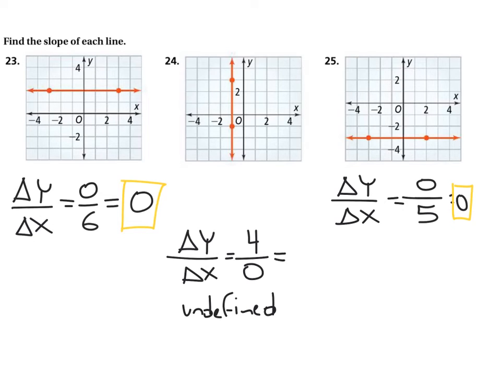It doesn't make sense. It gives you an error. It is undefined as a slope. So perfectly vertical lines will have an undefined slope. Perfectly horizontal lines, by the way, vertical is up and down, will have a slope of 0 always. You don't need to calculate it. You'll just know it.